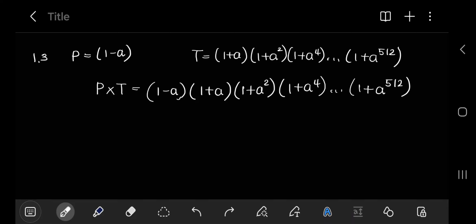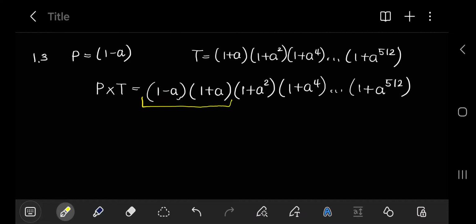Now, something I want you guys to notice is that if you look at your first two brackets, I want you to ask yourselves a question. What format is that in? I'm going to give you a few seconds to think about this. Now, if you said difference of two squares, that would be correct.